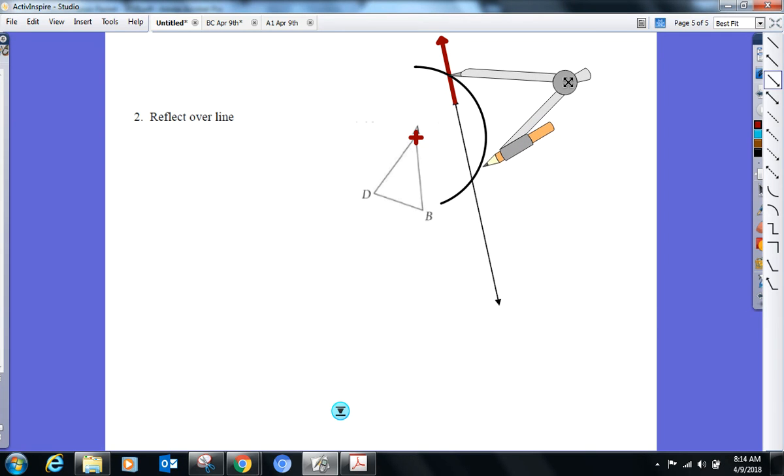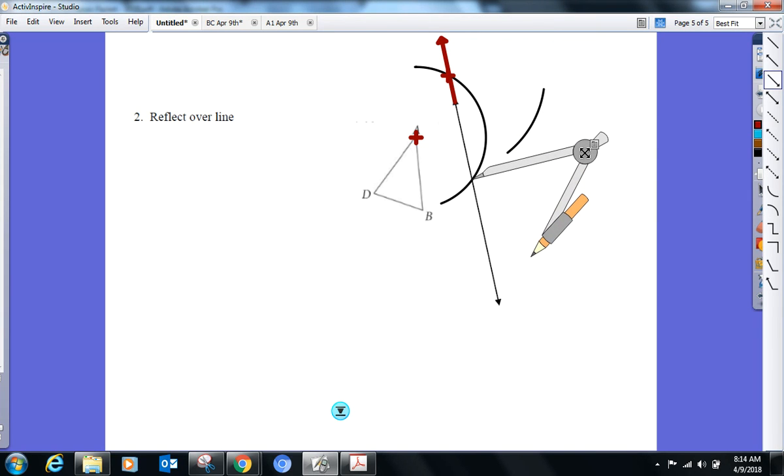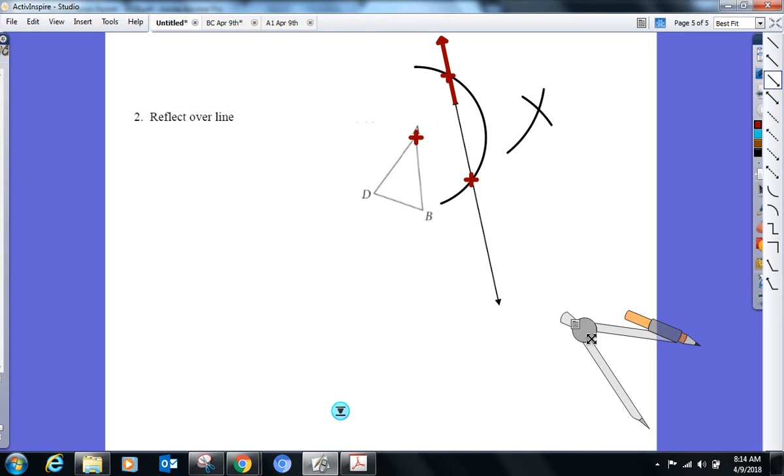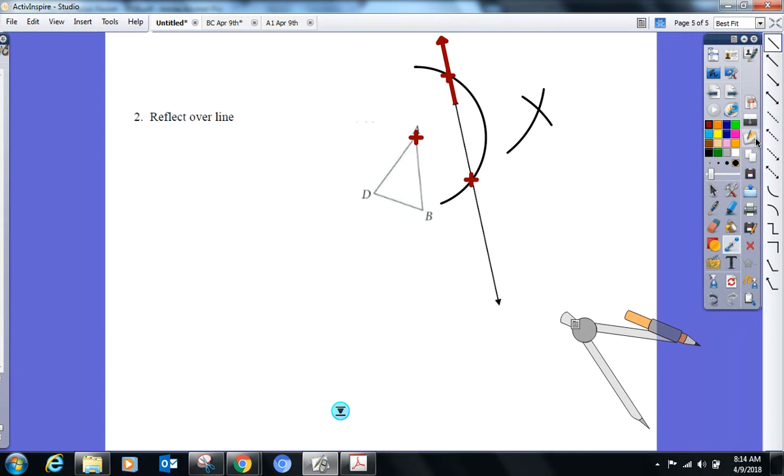Go to each point of intersection. Grab your straight edge.